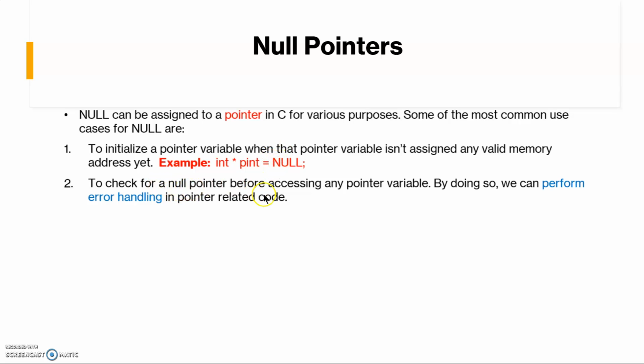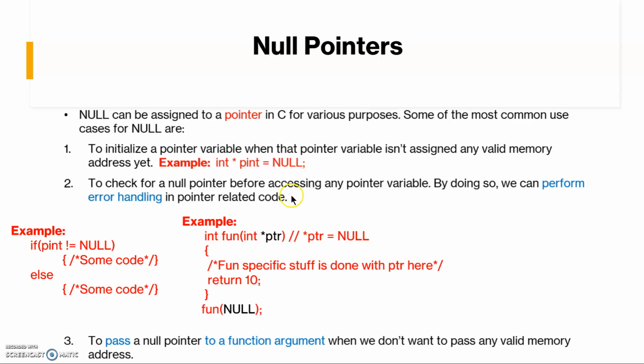To check for a null pointer, we need to check before accessing any pointer variable. Why do we need to check that? Because we can handle some errors which may happen in future. You can see one example here. You can pass a null pointer value as a function argument, like what we have done in this program, int star p.